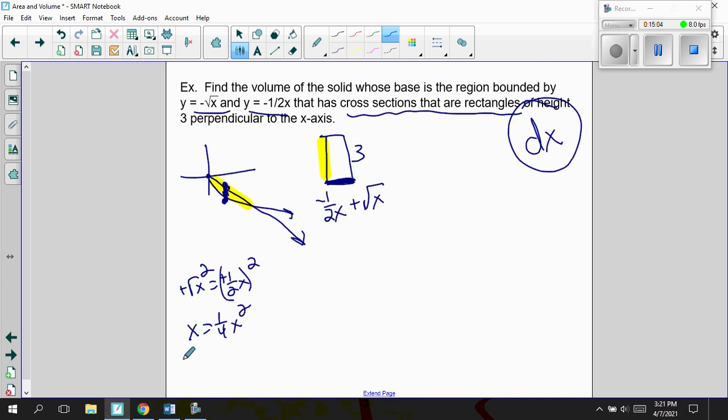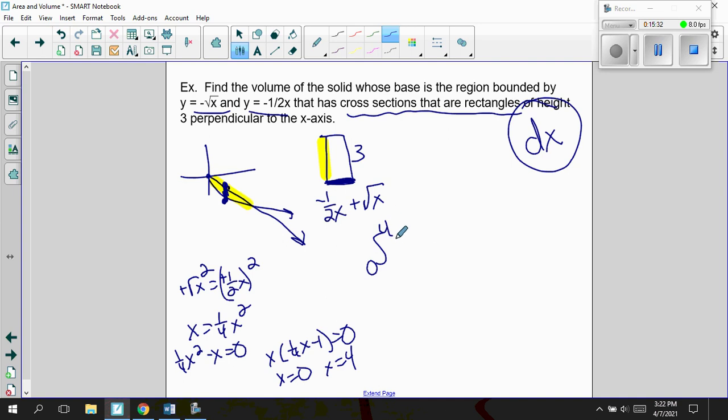Then moving x over, if I subtract x over and factor, I have x times (1/4 x minus 1) equals 0. So I have x equals 0, and I would add 1 and multiply by 4, so I have 0 to 4.